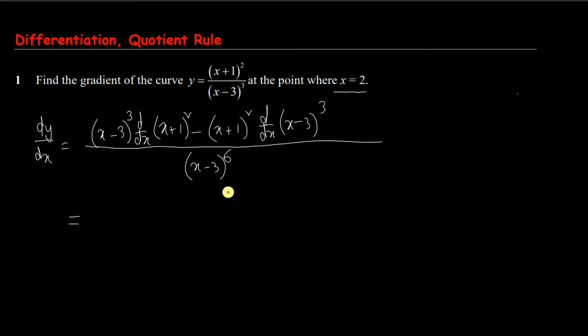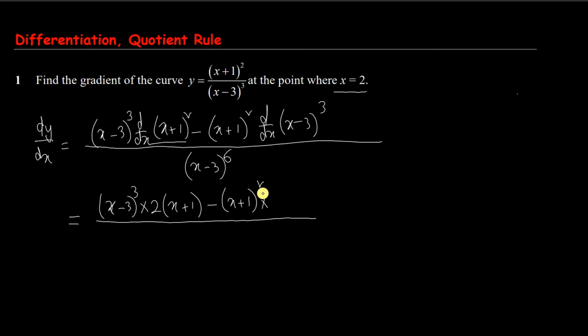Now using differentiation, from the differentiation part we get 2 into (x plus 1), then minus (x plus 1) whole squared, which is 3 into (x minus 3) whole squared, and outside the bracket (x minus 3), if we differentiate we get 1, we are not writing that, and below is (x minus 3) to the power 6. That is our total expression.